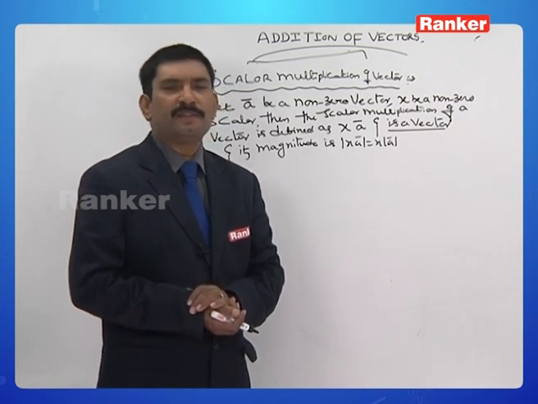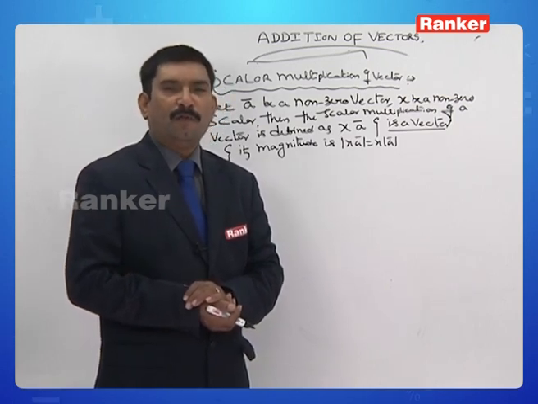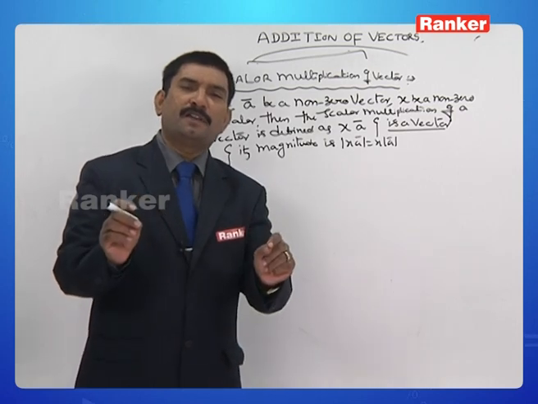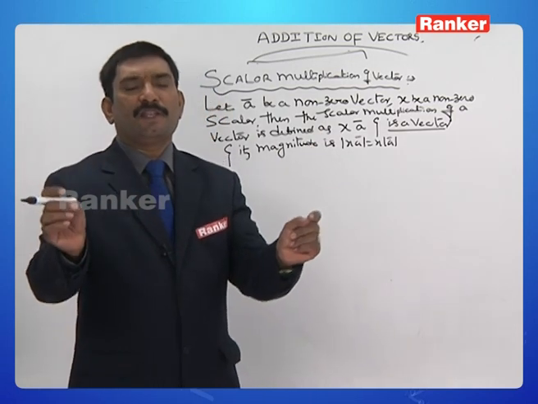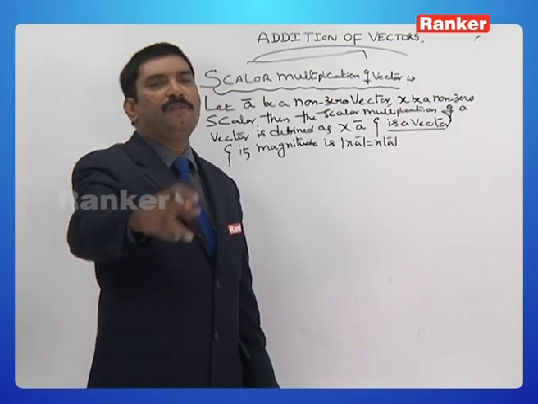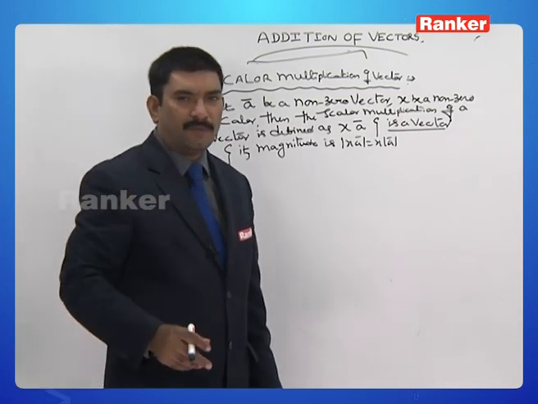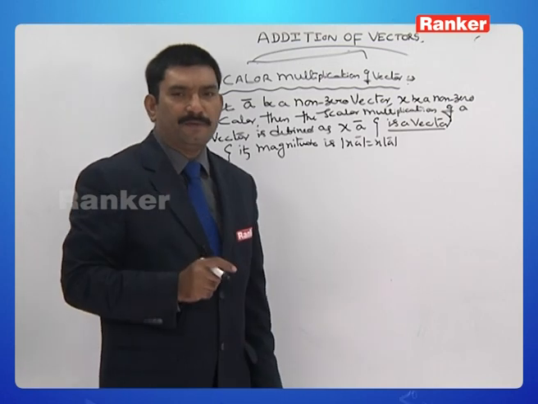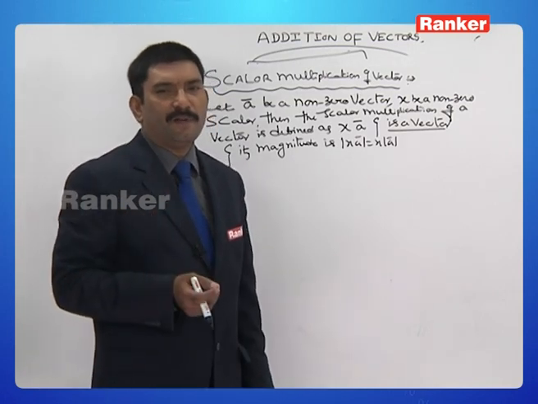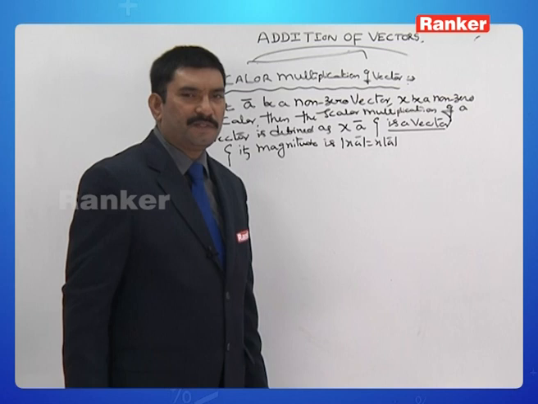When x is positive, when x is negative, the direction of xa bar in comparison with a bar will be in the same direction or maybe in the opposite direction, depending upon the value of x. If x is positive, a bar and xa bar have the same directions.